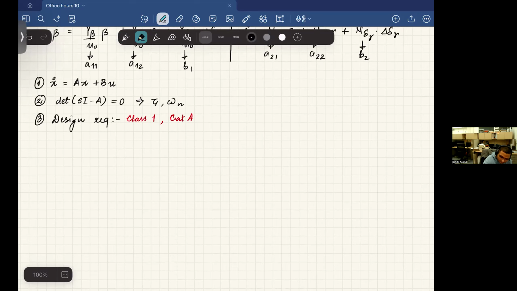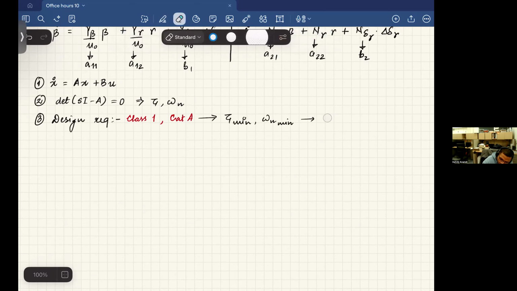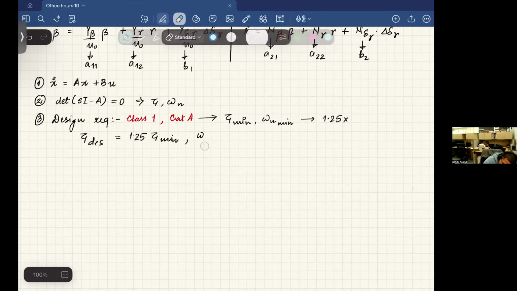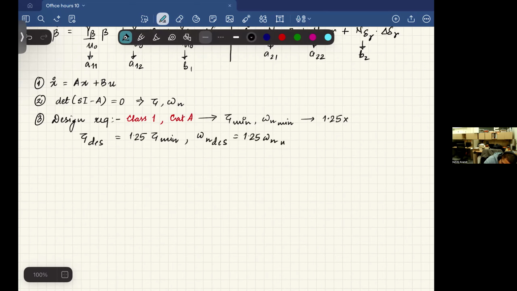So I'll find out what the zeta minimum and omega n minimum are, and I have to shoot for 1.25 times that. So my zeta desired is going to be 1.25 times zeta minimum for class 1, category A, and the same for omega n desired: 1.25 times omega n minimum.